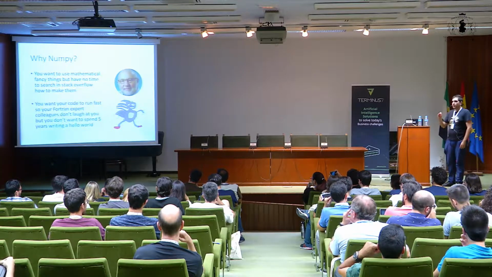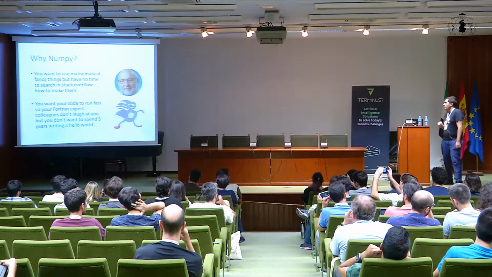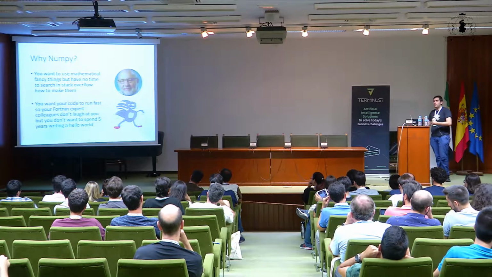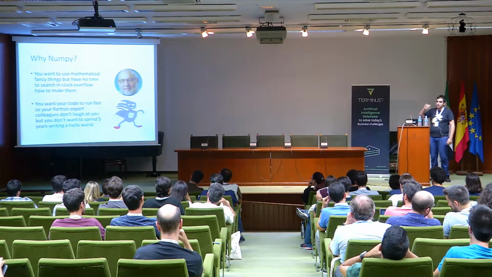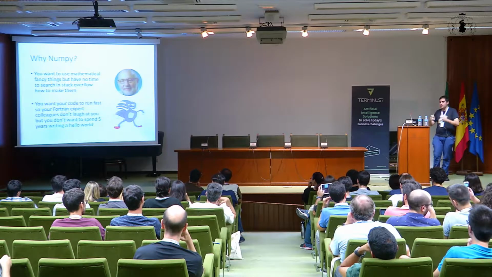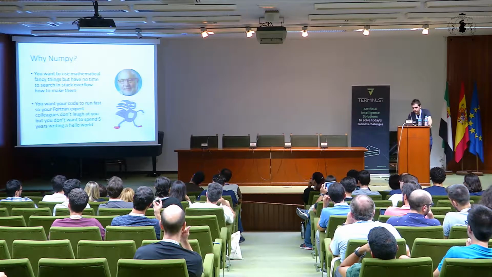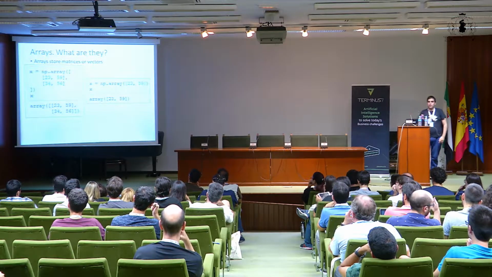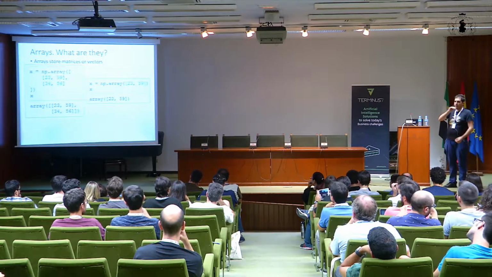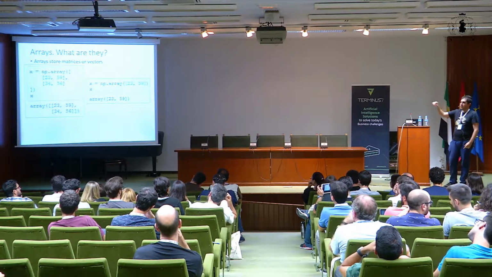So the key point of NumPy, I think, is the array object, okay? Arrays, I will explain later, are the key of NumPy, and the functions that come with this library that operate on matrices and arrays make our code go really fast compared to Python. So, array objects. In an array, you can store a vector, which will be a one-dimensional array. You can store a matrix, which will be a two-dimensional array.